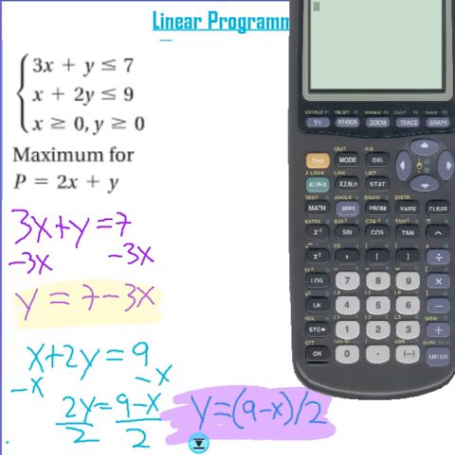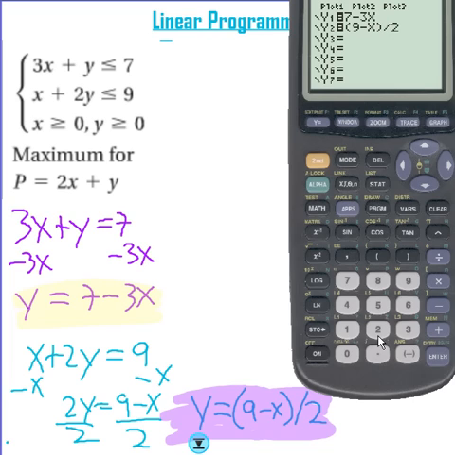First equation, really doesn't matter which. I'll go ahead and put 7 minus 3x. And the second equation is, open parentheses, 9 minus x, close, divide by 2.